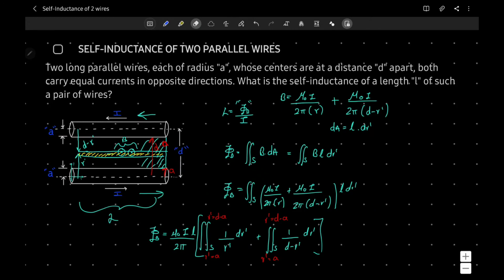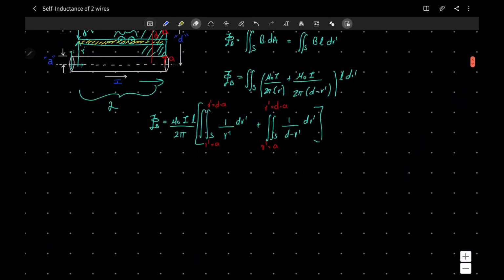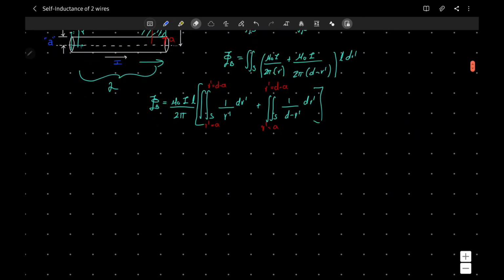Now we have to calculate that integral, and we know that the integral of 1 over r will be natural log of r, evaluated from a to d minus a. Now we have to calculate the integral of 1 over d minus r, and to do that we have to use substitution.